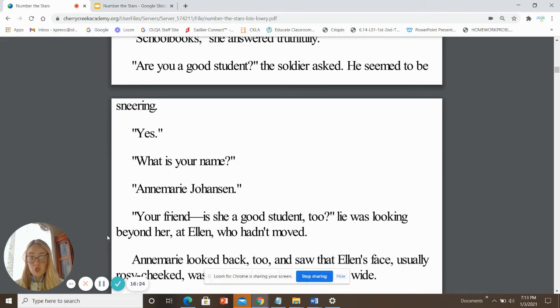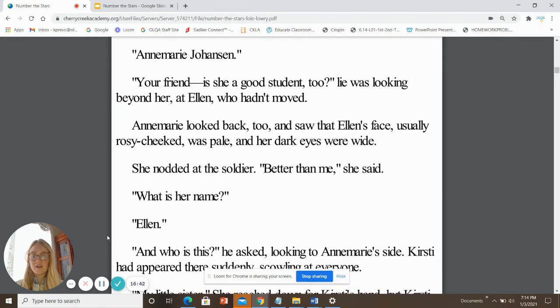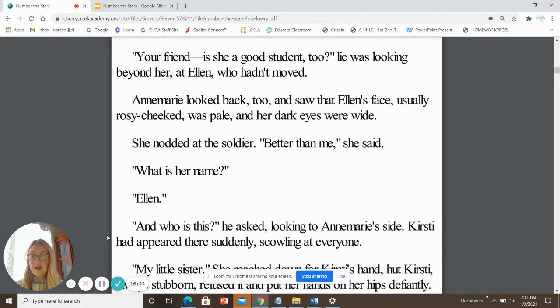Your friend, is she a good student too? The soldier was looking beyond her, at Ellen, who hadn't moved. Anne-Marie looked back up too, and saw Ellen's face, usually rosy-cheeked, was pale and her dark eyes were wide. She nodded at the soldier. Better than me, she said. What is her name? Ellen.